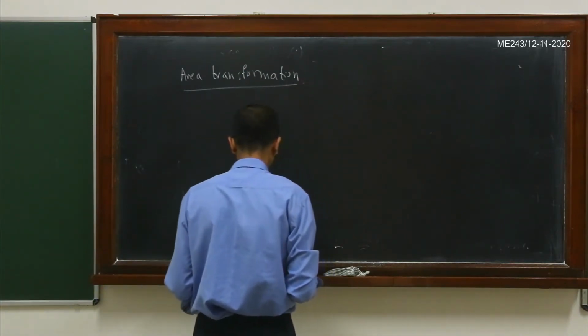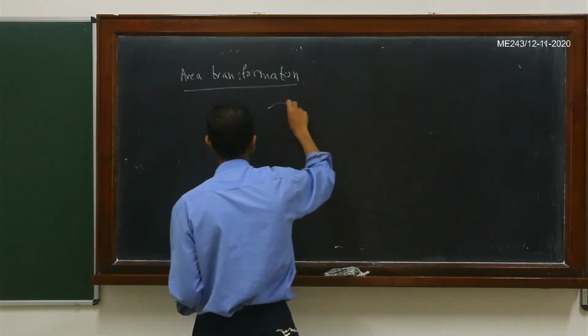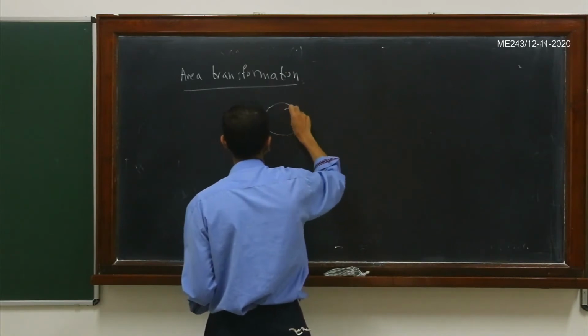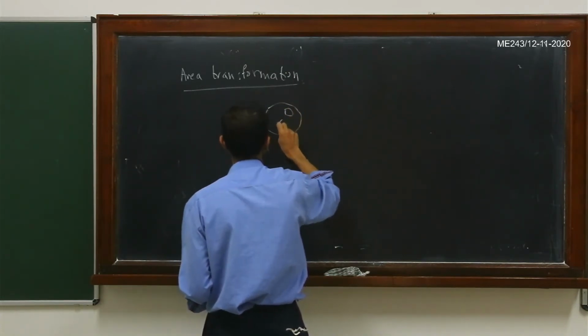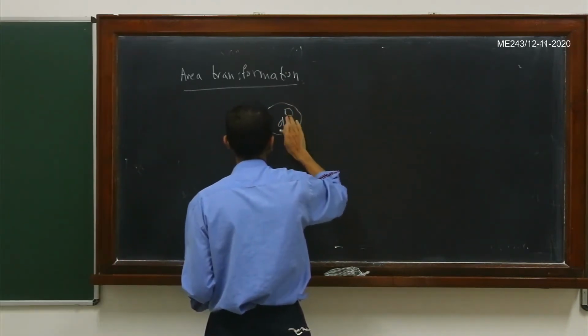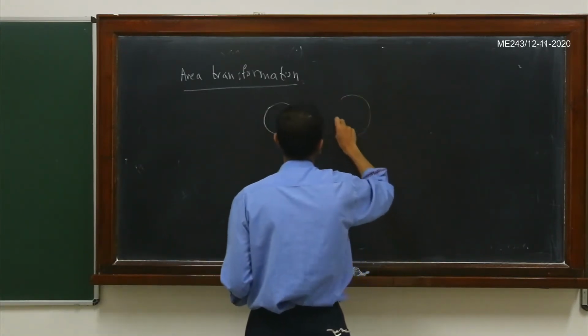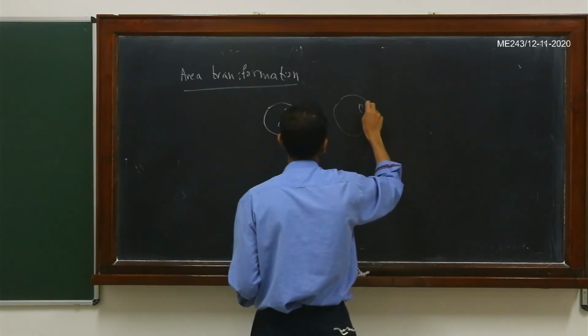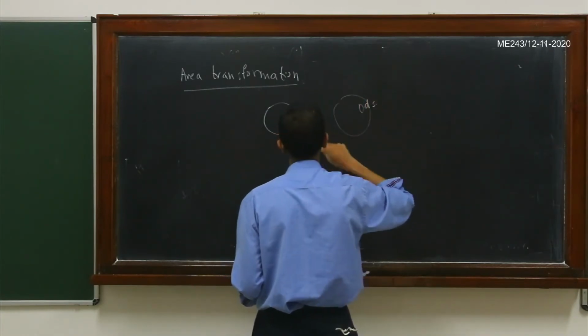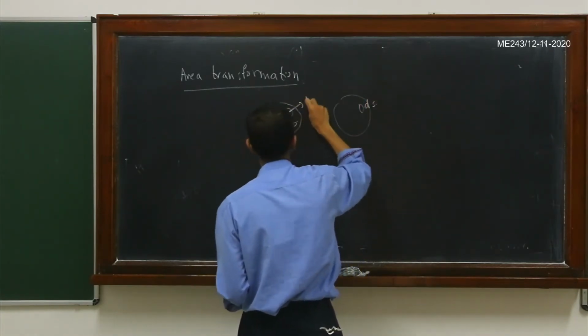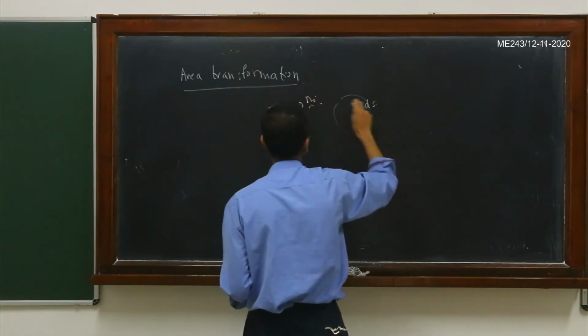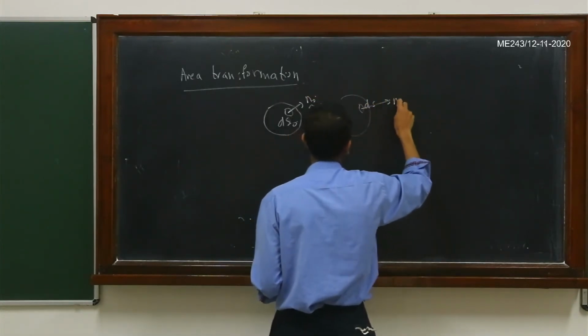So this is basically some area here, dA or dS0, and that is going to some element of area dS. Suppose this is the normal n0, then it is going to some normal n.